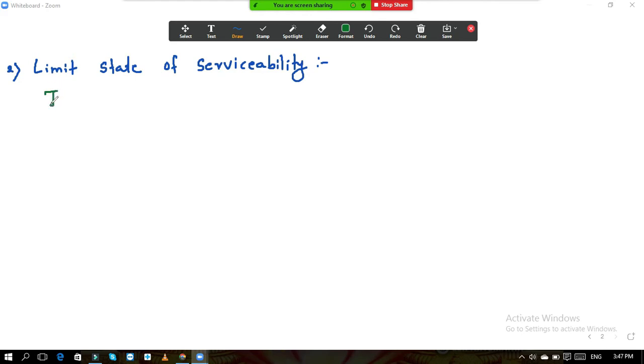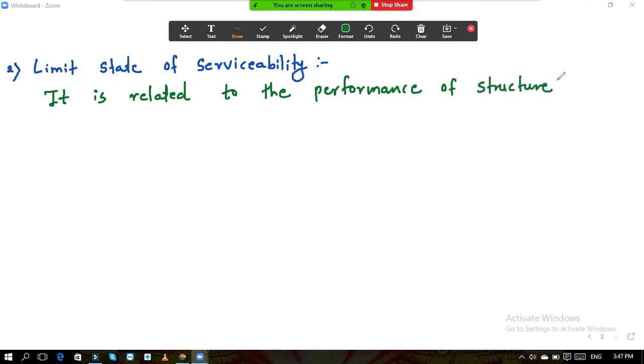Now I will write, you copy it down. It is related to the performance of the structure, full stop.